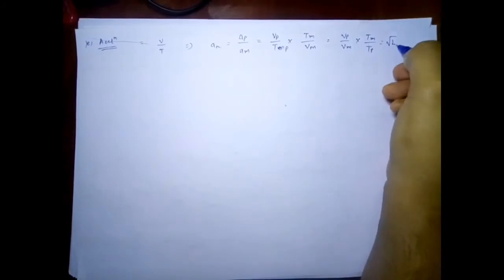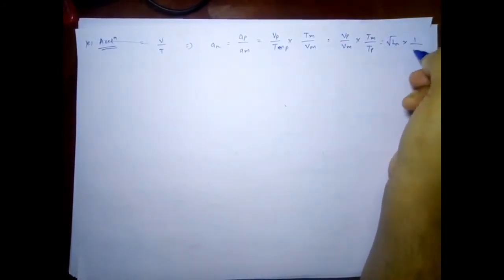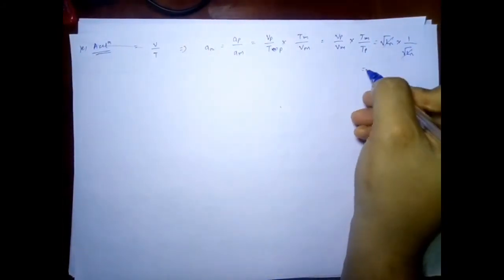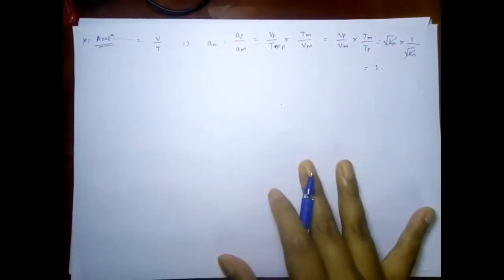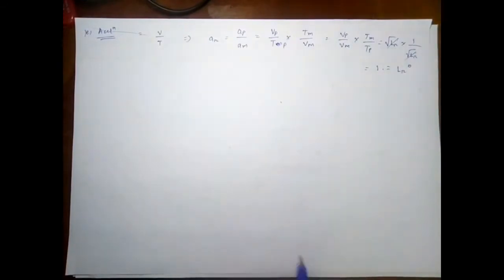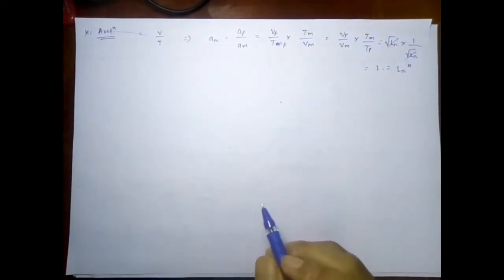So both of it are square root of LR times 1 by square root of LR, and if I cancel it, it will be equal to 1, or you can say LR to the power 0. So this is the scale ratio for acceleration.